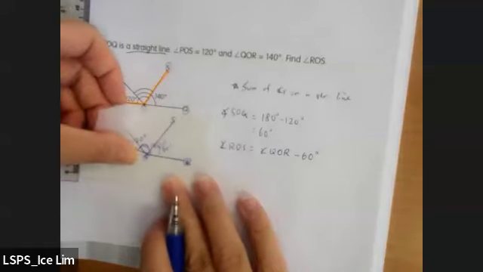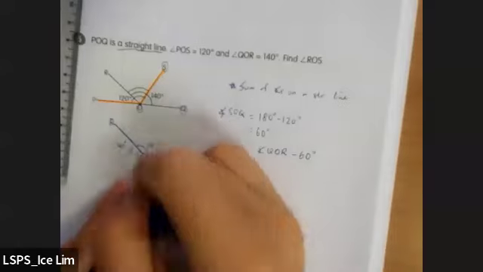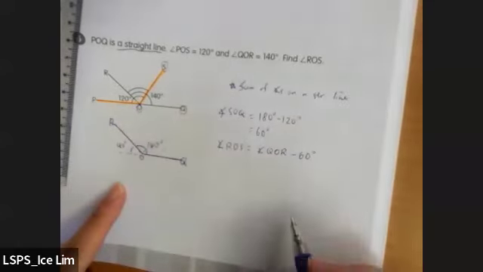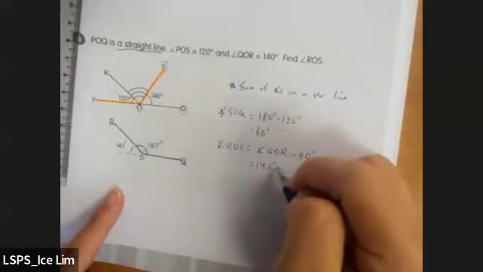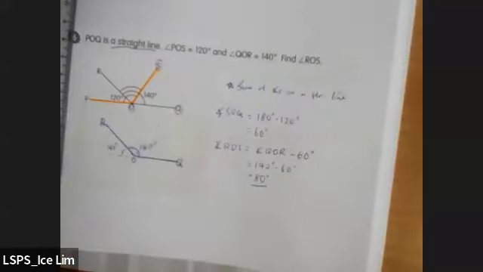Can you see? It's like a part-whole relationship. I take this, I chop away the 60 degrees. So 140 degrees minus 60 degrees will be 80 degrees. That's it. Is that how you explain?